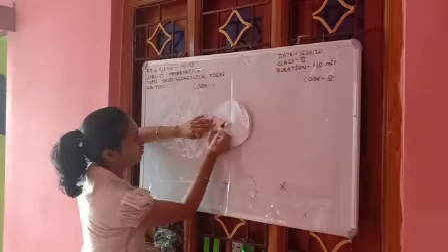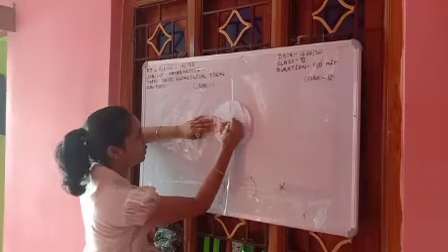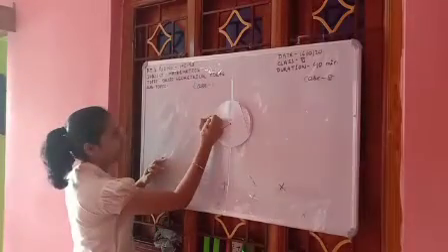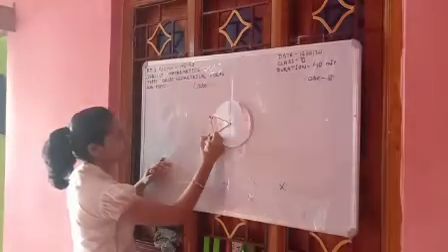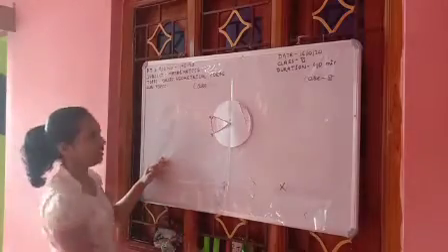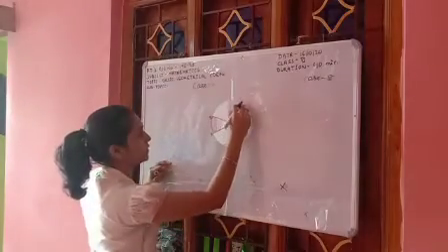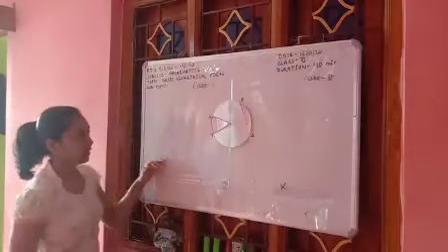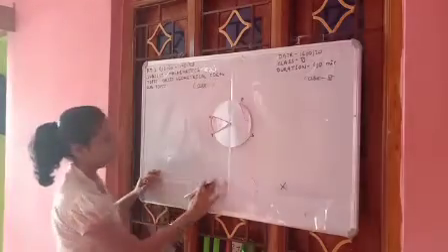This is called, let's name it, the center point O. And here is X, Y. Then this is named P, S.